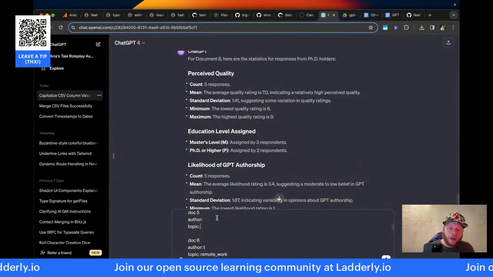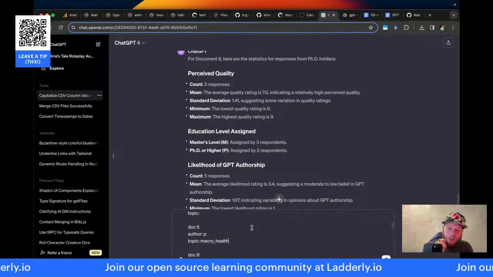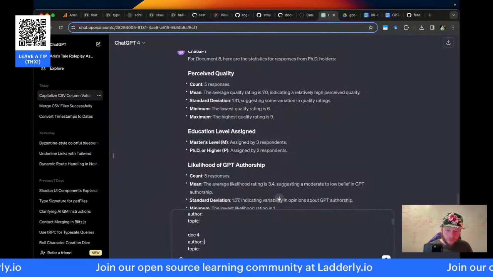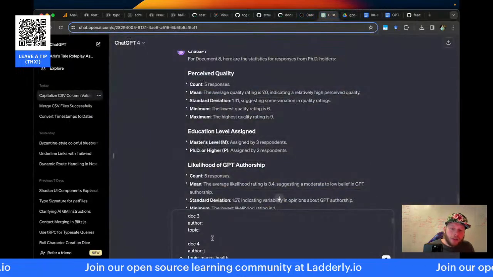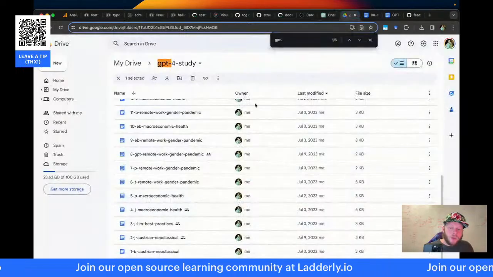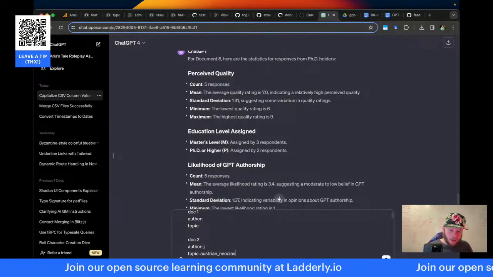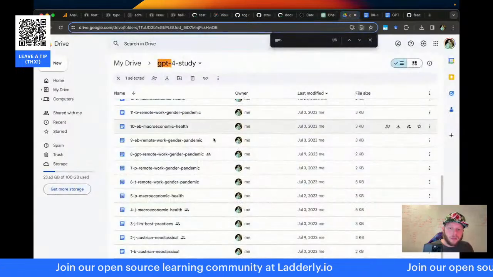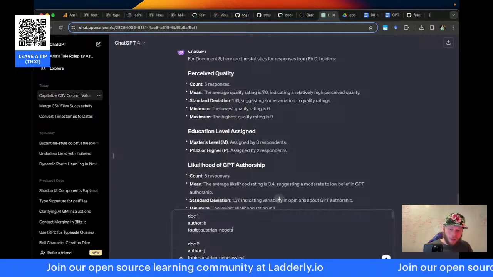Five is P, macro health. 4, J, macro health. 3, J, LLM best practices. 2 is J, Austrian neoclassical. And 1 is B, Austrian neoclassical.